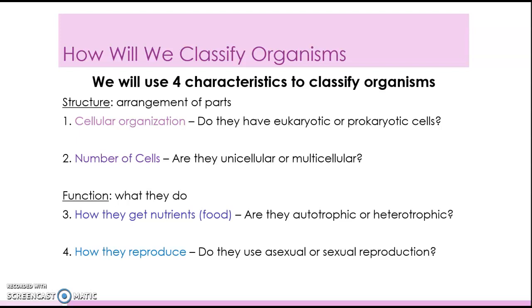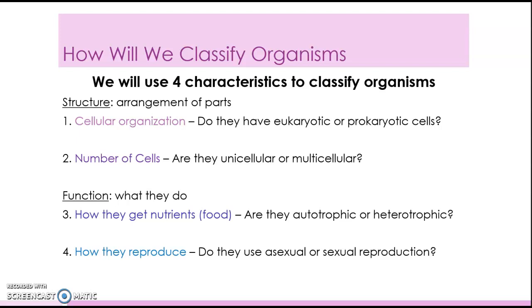So we just learned about the differences between a eukaryotic and a prokaryotic cell. When we look at living things, living organisms, it depends on if the cell has a nucleus or does not have a nucleus that helps identify what the organism is. Number 2, number of cells.